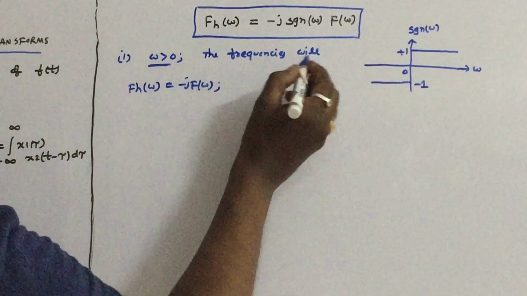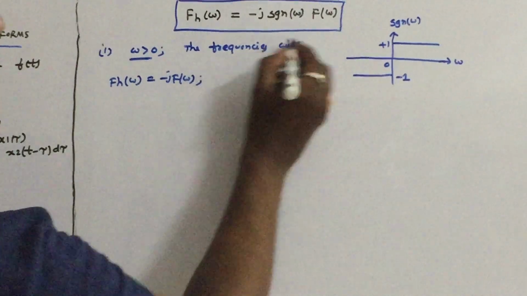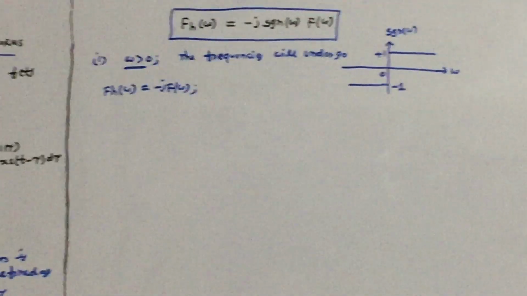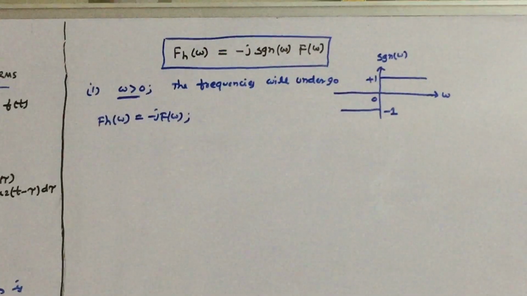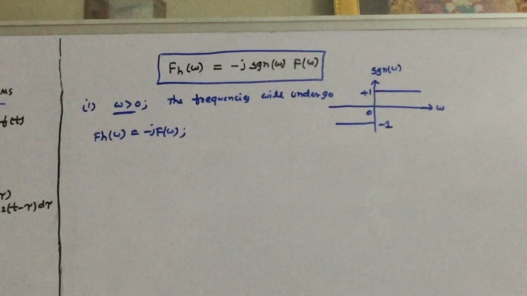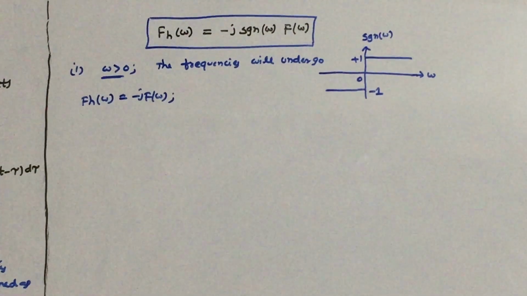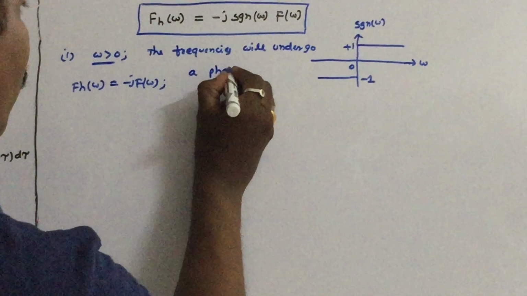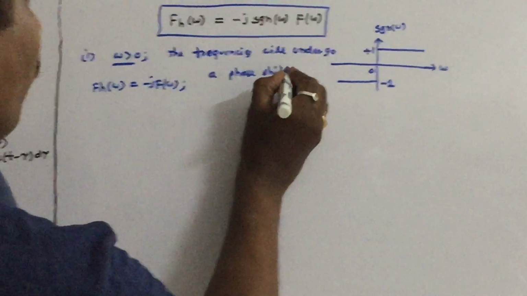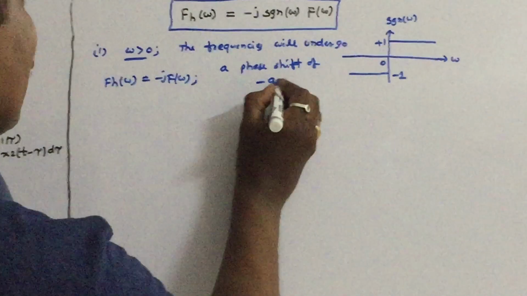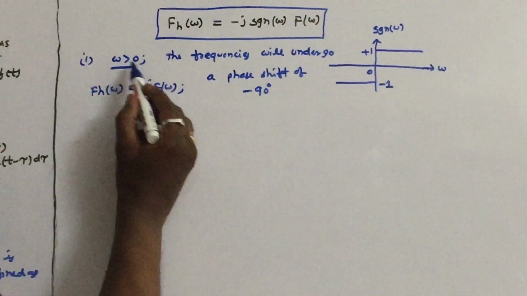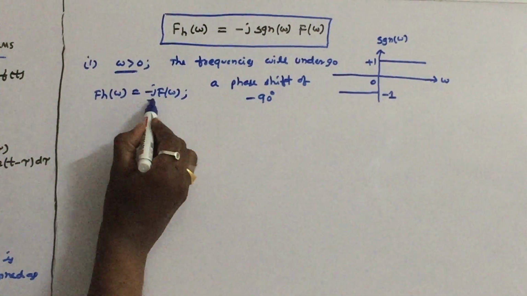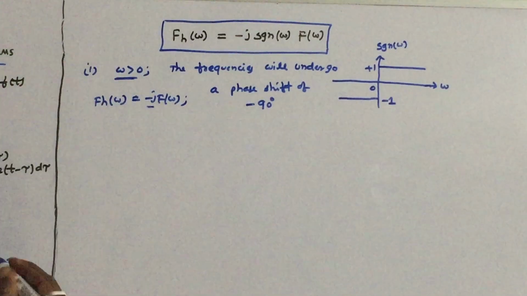So all the frequencies will undergo a phase shift of minus 90 degrees. Remember, this is a very important point. The frequencies with omega greater than 0, because of this minus j, will undergo a phase shift of 90 degrees.